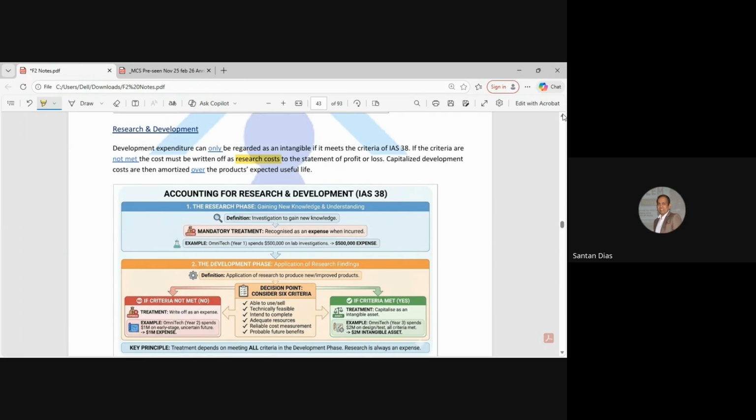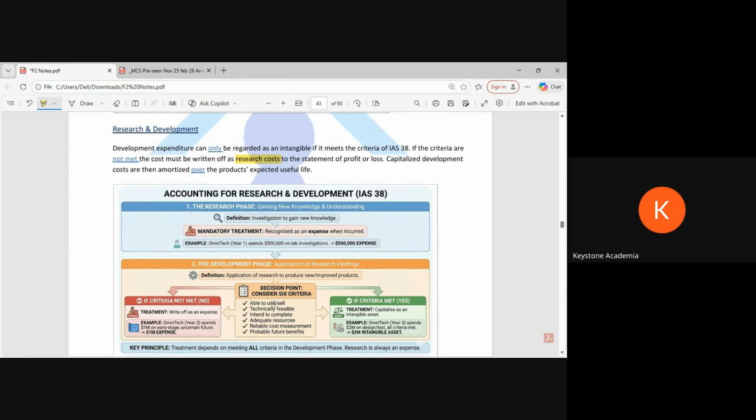For this IAS 38, there is a short form, the word PIRATE, which we use to identify the six criteria. P stands for probable future economic benefits, I for the intention to complete, R for the resources, A is the ability to use or sell, T is technical feasibility, and E is expenditure measured reliably.